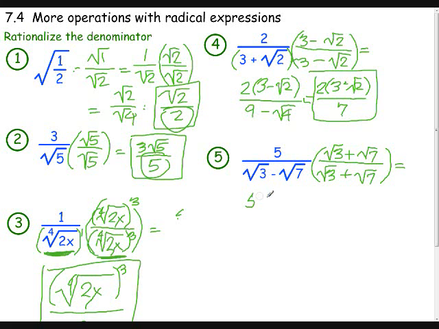5 times square root of 3 plus square root of 7 divided by, now we're going to take square root of 3 times square root of 3 gives us square root of 9, which is 3. Square root of 7 times square root of 7, which is square root of 49, or 7. And of course it's going to be minus 7.